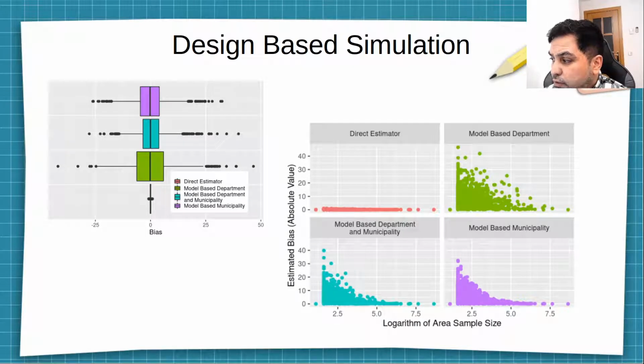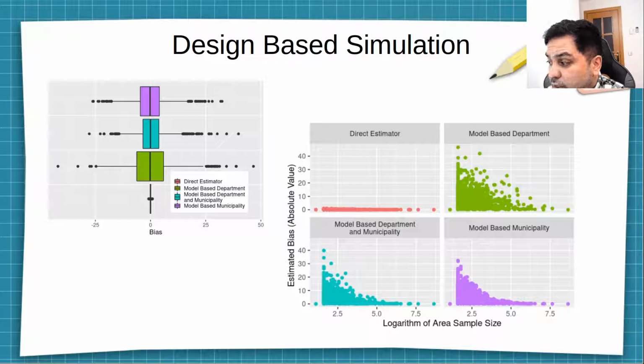We can see that these models are biased, and the bias is not equal, not even in the same direction in all municipalities. The direct estimators have almost a null bias, and the others have bias not more than 5 or 10 points, but up to 25.